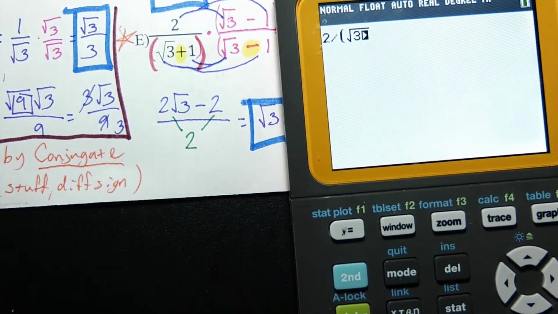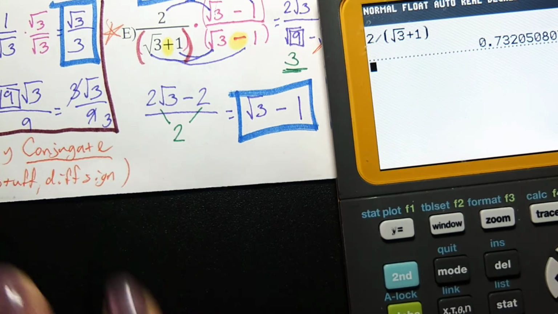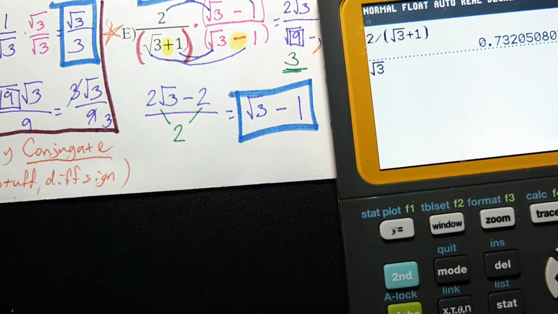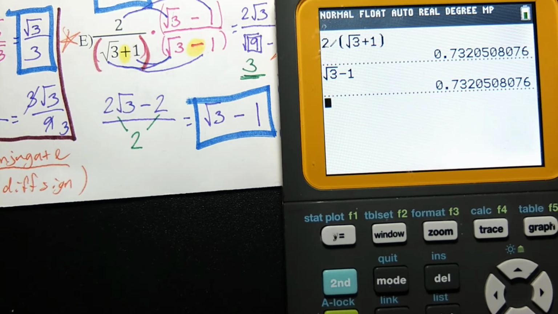So square root of 3, arrow over to escape the radical, because if I just do plus 1, that plus 1 is going to be underneath the square root. So there's what I start with, and this is what I end with, same thing. So we get the exact same thing. Folks, this is a great way to check yourself if you're worried about making little mistakes in your multiplying work.